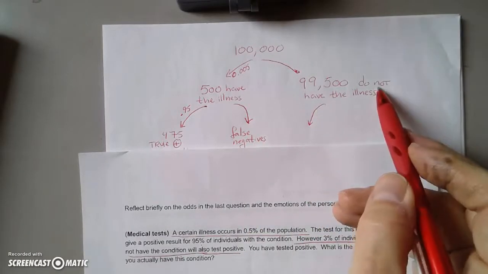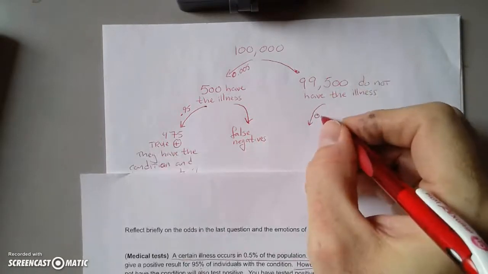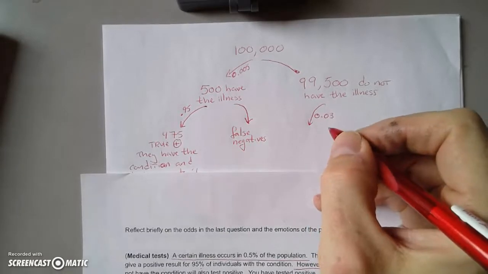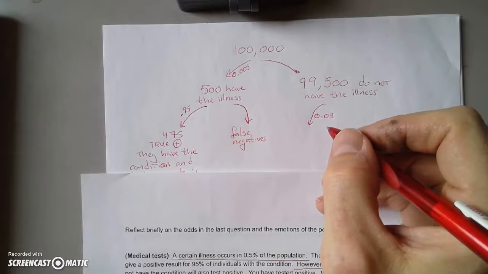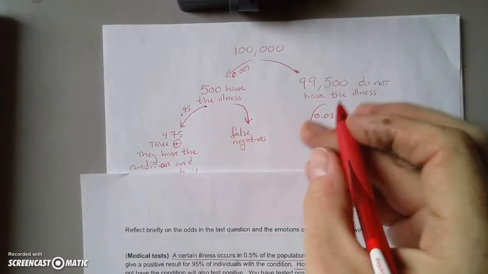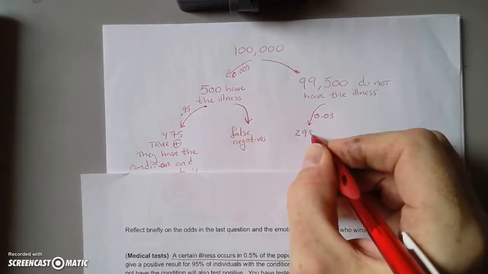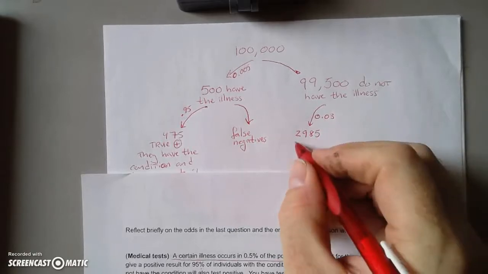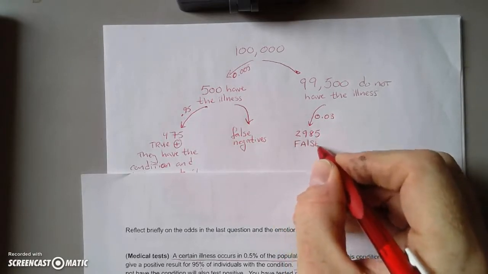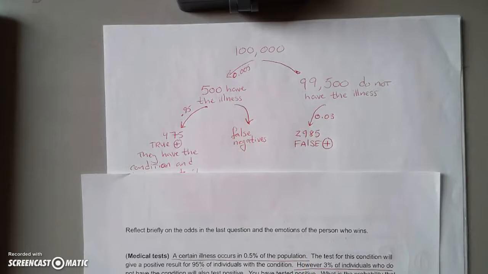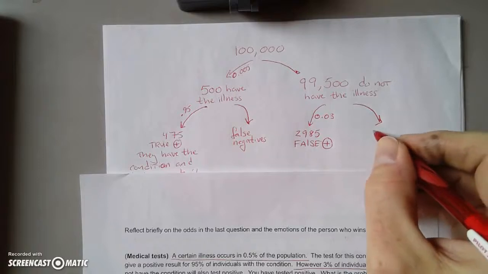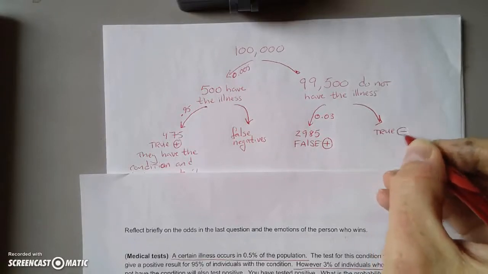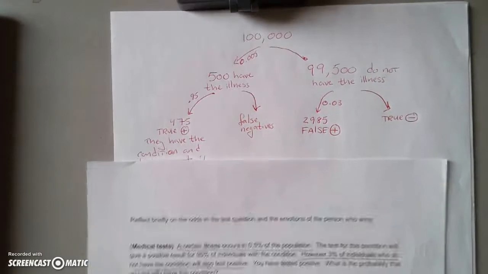So these people do not have the disease, so we know that 3% of them, 0.03, will test positive anyway. And notice how, even though it's a small percentage, because there are so many people that don't have it, you end up with lots of false positives. These are false positives. 2,985 people don't have it, but they're told they do, or that they might. And then over here would be true negatives. We're not worried about that at the moment.